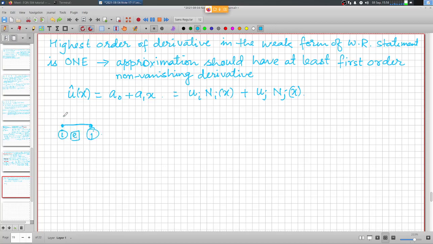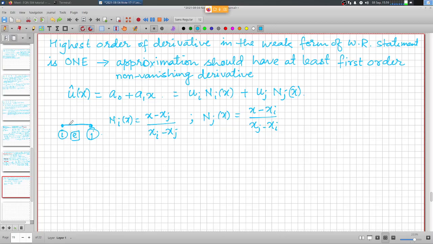Ni is of course defined as x minus xj divided by xi minus xj, and Nj is defined as x minus xi divided by xj minus xi. That's the Lagrange interpolation formula.